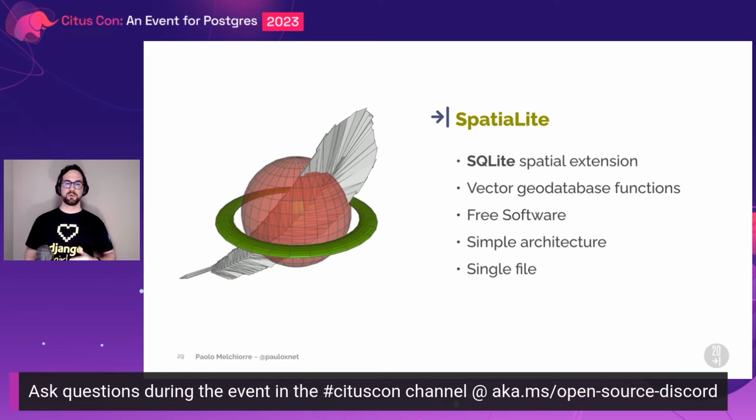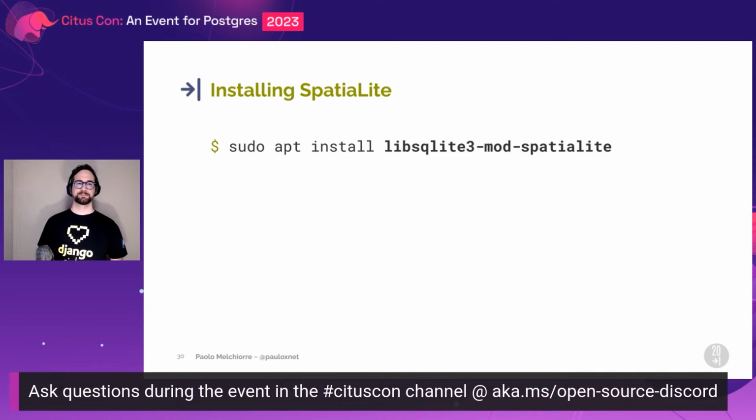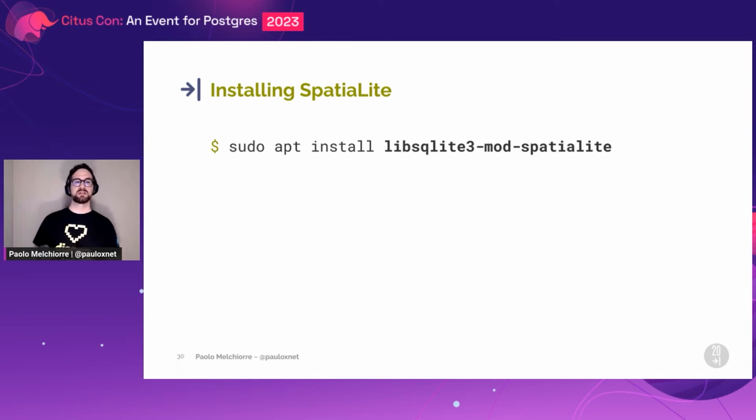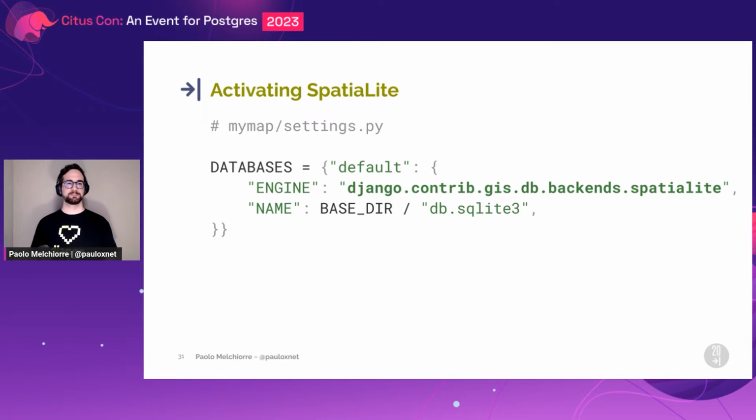It has a simple architecture, a complete database in an ordinary file. As before, on a Debian-based system, we can install the SpatiaLite package using the apt package manager. So let's add SpatiaLite as a database backend in our project settings, leaving the rest of the code unchanged and setting the default engine like that.